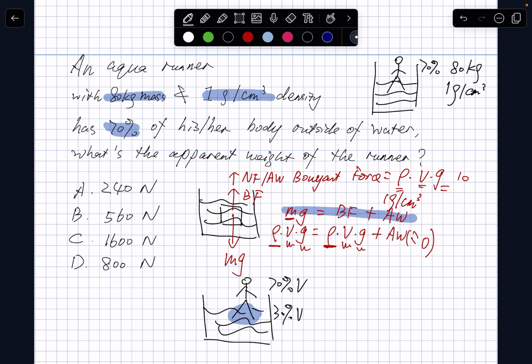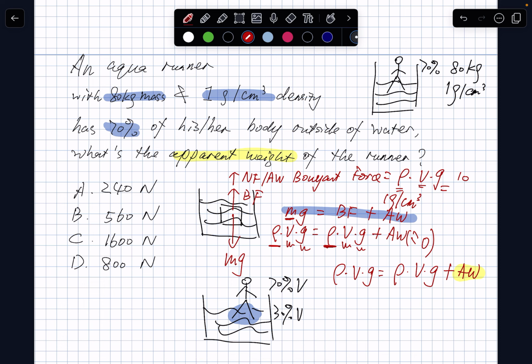So how much is the volume of the water that's displaced? It's 30% of V, right? Okay, so let's copy and paste our equation: rho times V times g equals rho times V times g plus AW, okay? So my question is, this apparent weight is what I'm solving for.